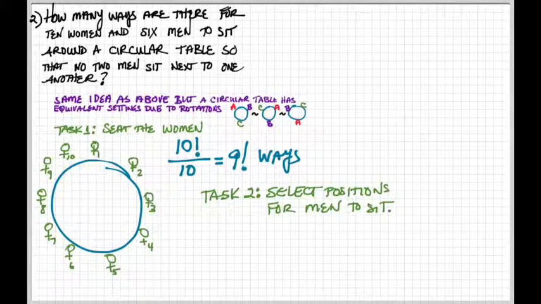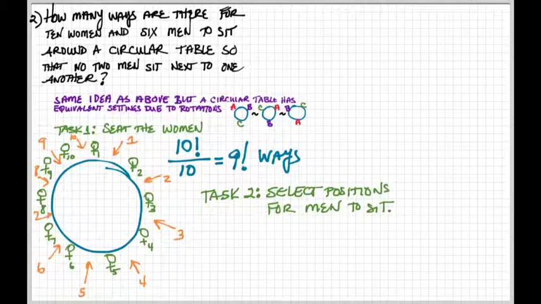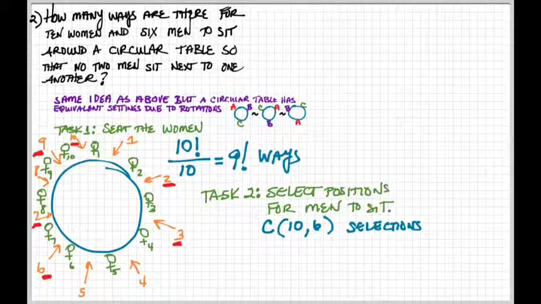Again, we want to select the positions for the men to sit, and this time, because it's circular, there isn't a beginning and an ending spot, and there only end up being 10 different positions that are available. We need to select 6 of them, so we end up with 10 things taken 6 at a time for the number of positions that our men can sit in.